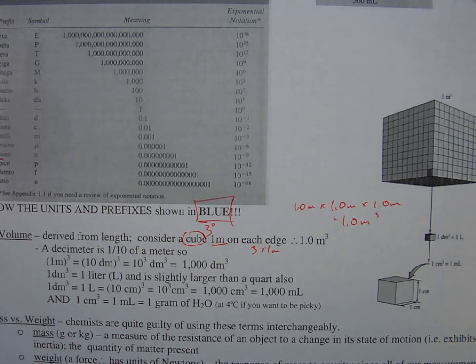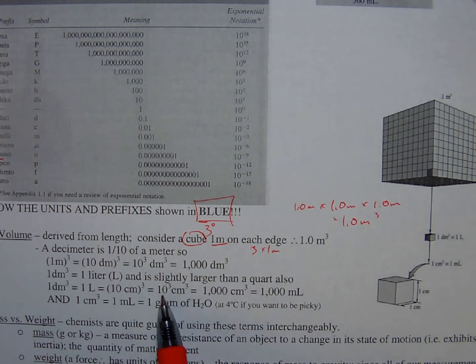Now, 1,000 decimeters cubed is the same as 1,000 liters, because 1 decimeter cubed is 1 liter, which is 1 L. It is slightly larger than 1 quart as well. But remember that 1 decimeter cubed is 1 liter, which is 10 centimeters cubed, right?